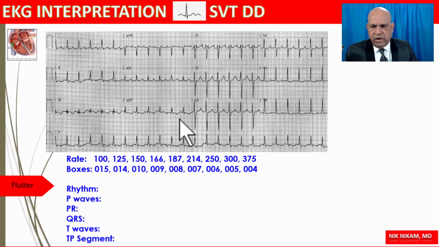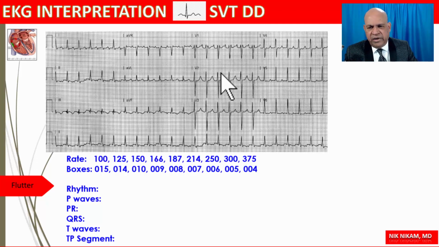So let us see. Here we see some deflections, perhaps 2 deflections for each QRS complex. So this cannot be paroxysmal supraventricular tachycardia. So it cannot be sinus tachycardia. It cannot be junctional tachycardia also. Is it atrial flutter? And again, you can see some P waves and P waves and P waves, all these here.